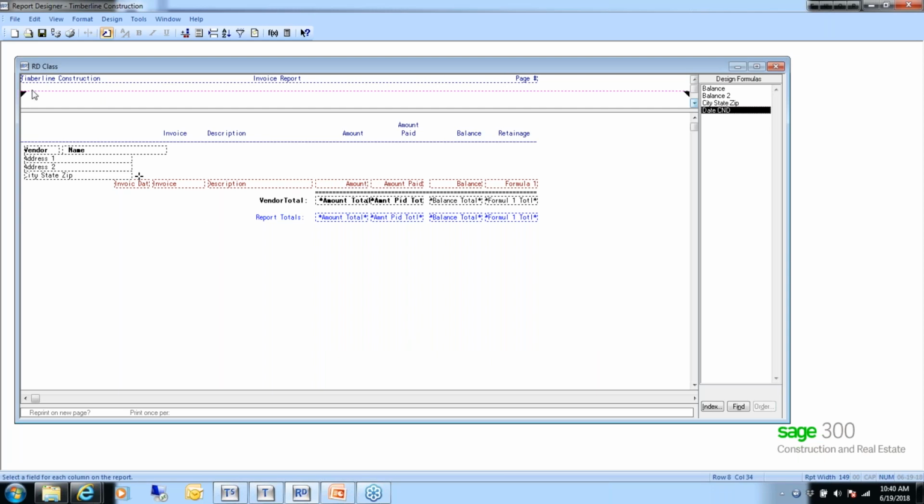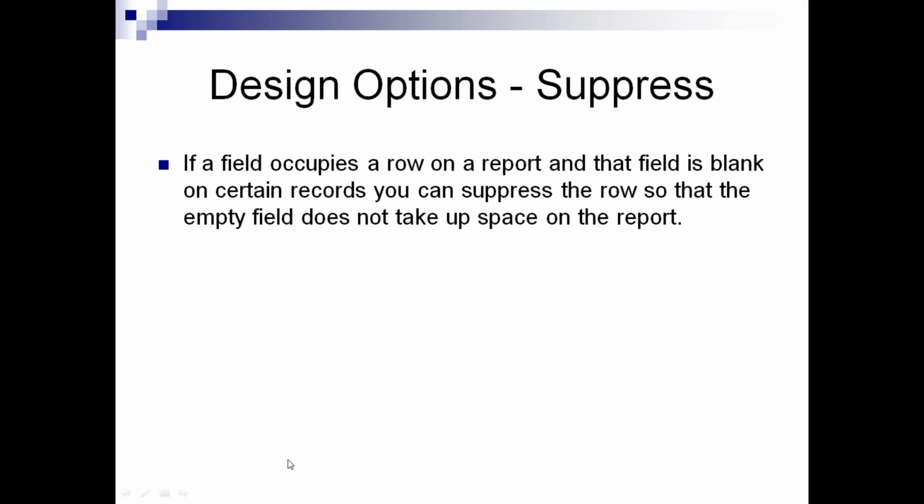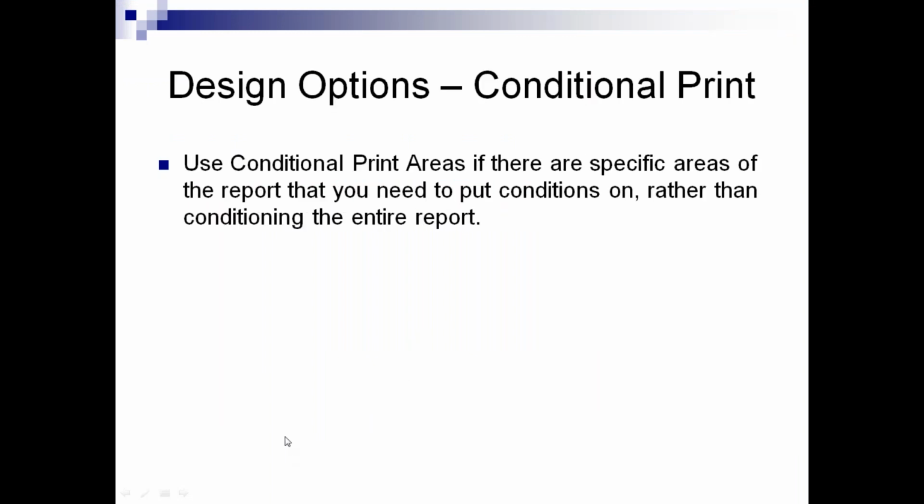All right, let's talk now about conditional print. So let's say that you have columns set up for values maybe that are based on a date range. I know they use this for the aging reports that Sage sends out.